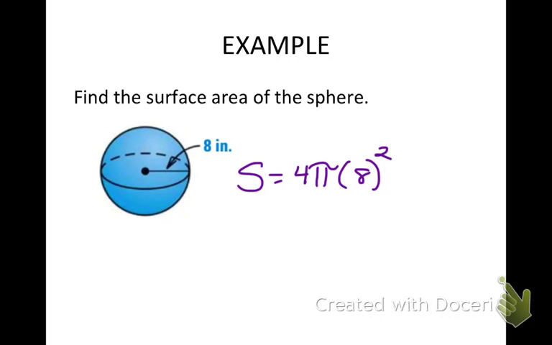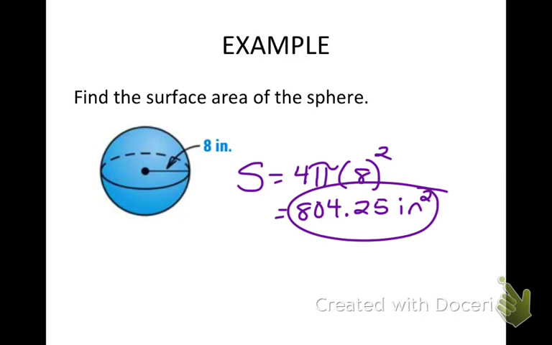So, calculator work. 4 times pi, guys, quiet please, 8 squared, which is equal to 804.25 if I go to 2 decimal places. Surface area is always units squared. Okay? Again, when I'm putting it in my calculator, I'm just putting it in one long string. I'm just typing in 4 pi times 8 squared, and then it pops out the answer for me.